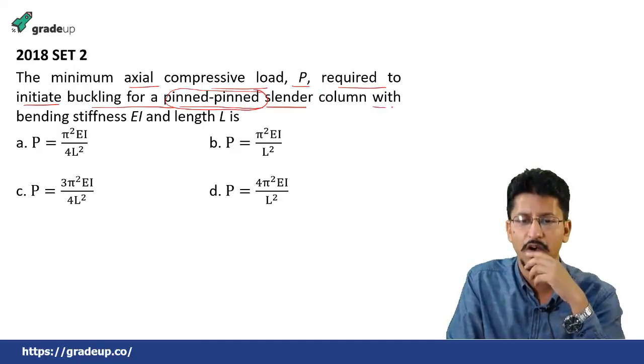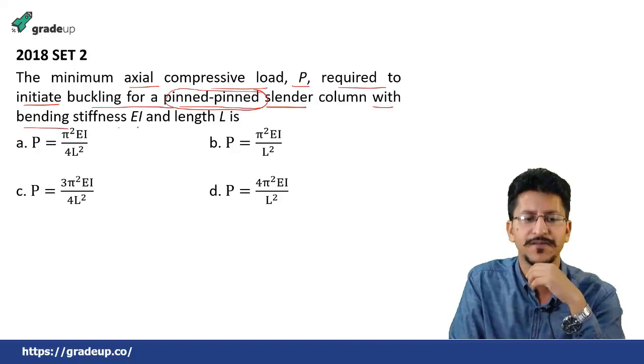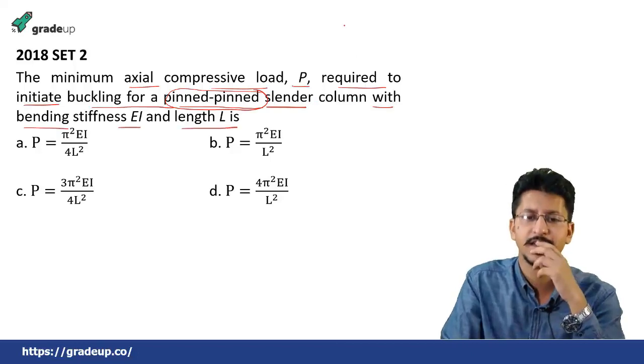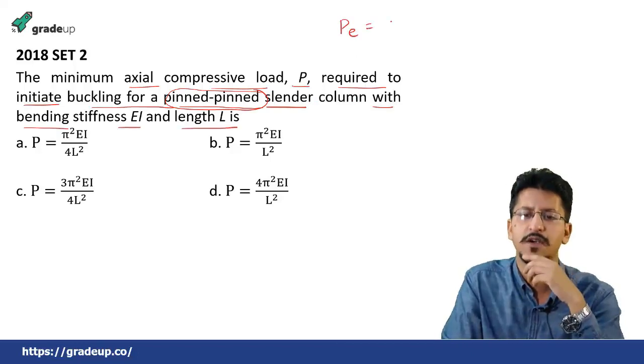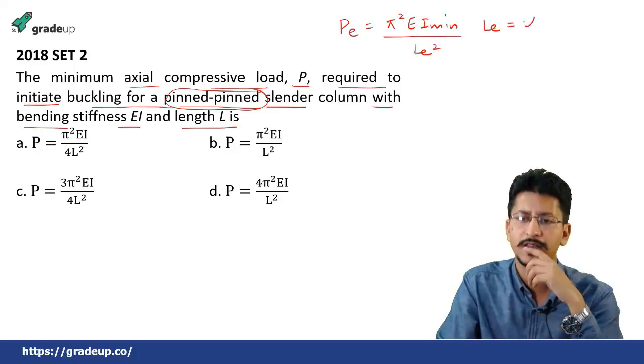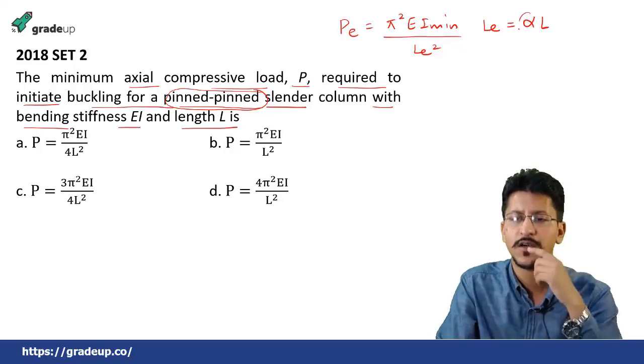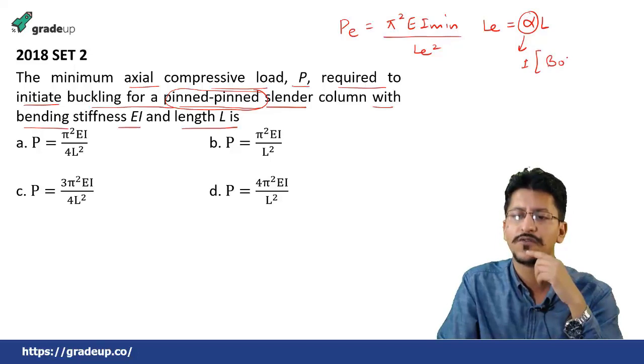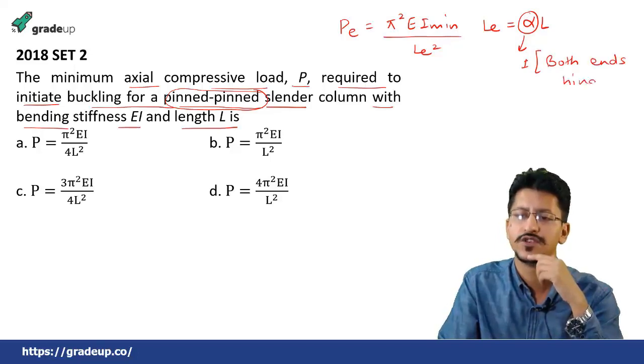Slender column means it's a long column with bending stiffness EI and length L. Simply, the formula you know is PE equal to pi square EI minimum upon LE square. Since this is pinned, that means both ends hinged, so LE is generally equal to alpha L. For this case, alpha will become equal to 1 because it's a case of both ends hinged.